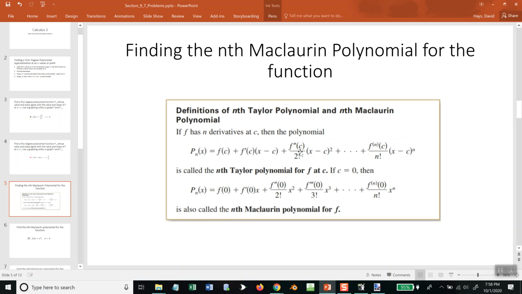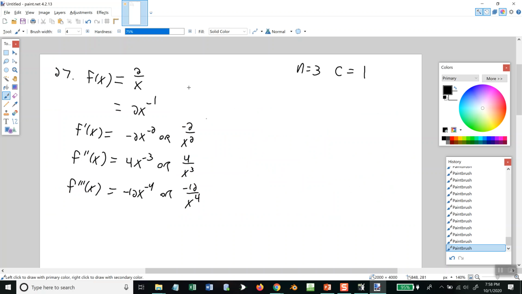Now you see here, it's telling us to plug c into our function and to our derivatives. So c was 1. So f of 1 is going to equal 2 over 1, or 2. F prime, our first derivative, we're going to have negative 2 over 1 squared, or negative 2.